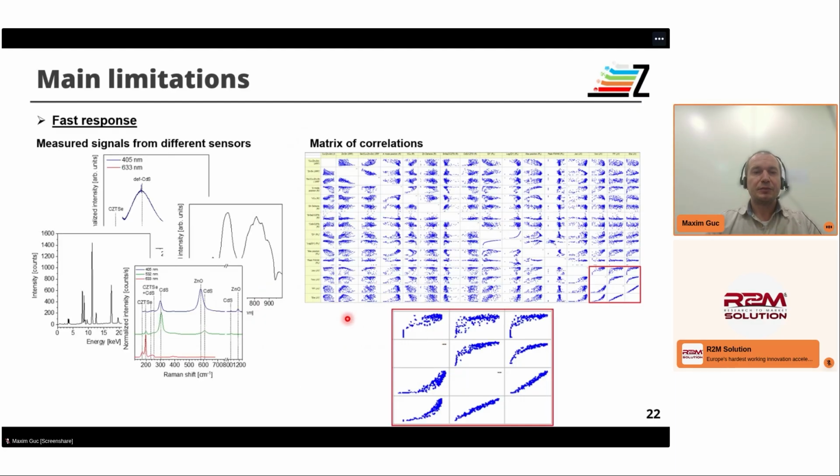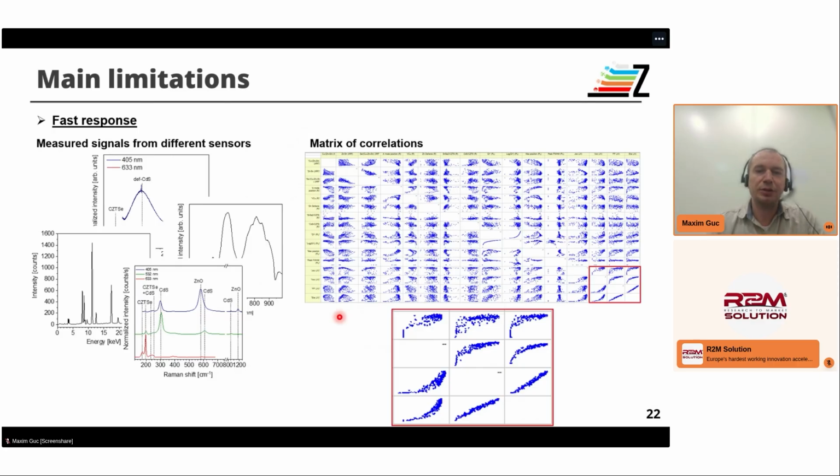Another limitation that we should take into account while developing sensors is fast response. It's also related to timing, and to how fast we are getting information from our sensor.